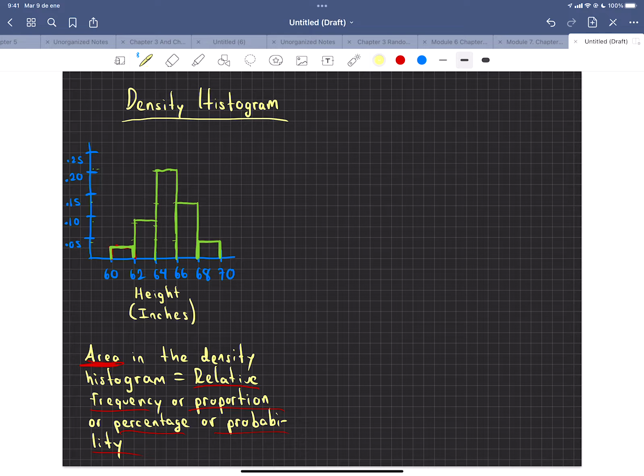So for example, if you want to know the proportion of values, in this case students, with a height between 60 and 62, only compute the area for this rectangle.